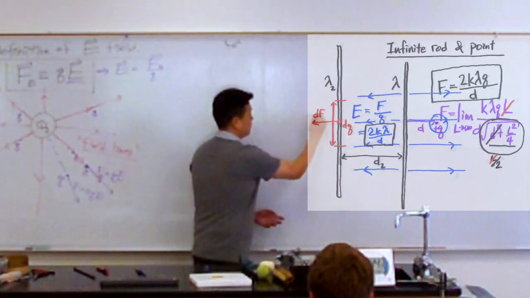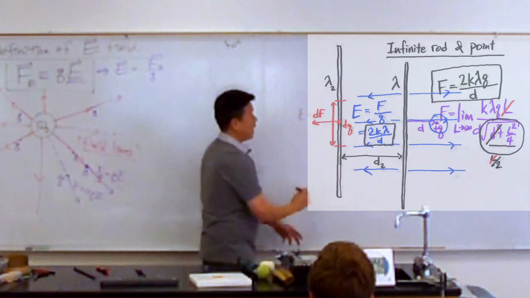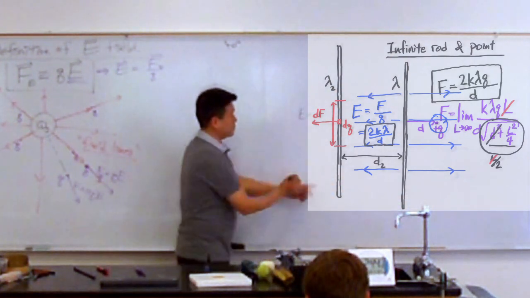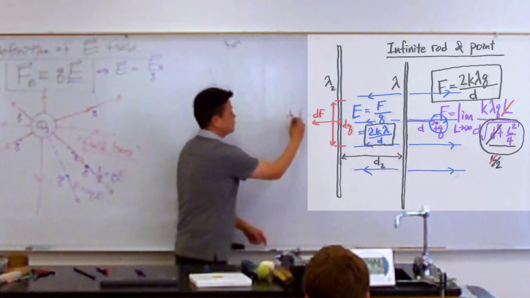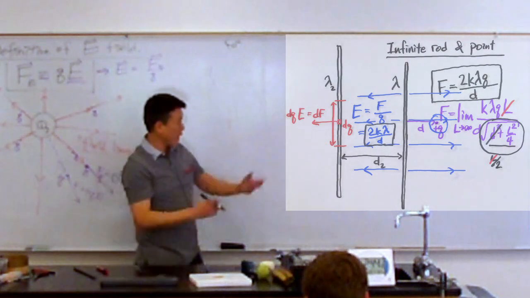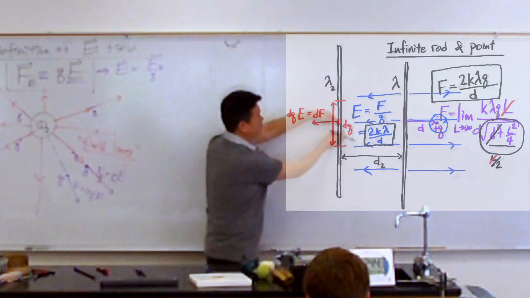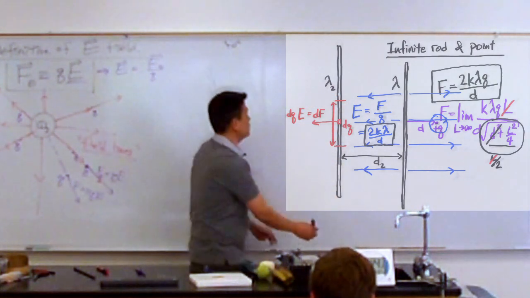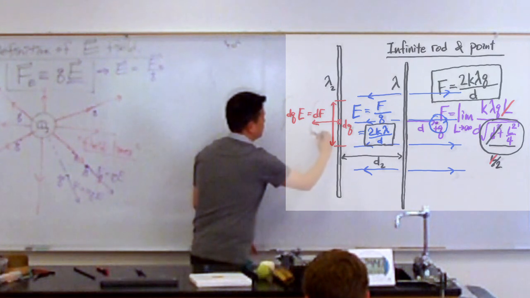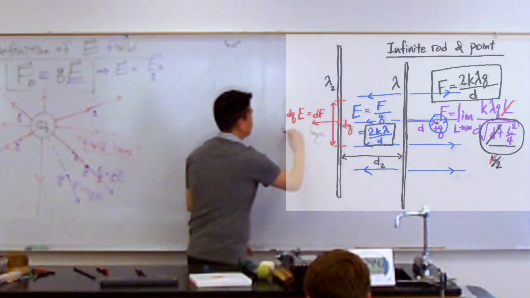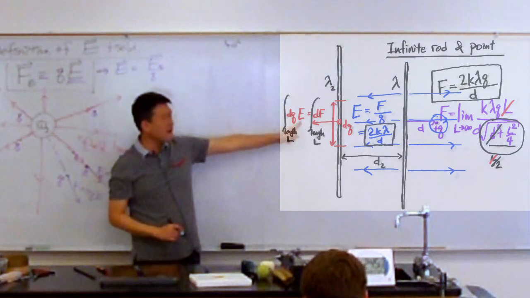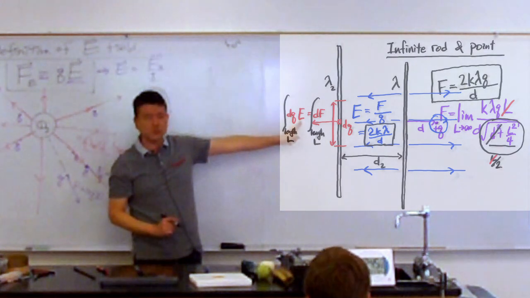So this will be the amount of electric field as produced by this line of rod times the small amount of charge, dq. Yeah? To find the entire force, I really need to integrate over the whole thing. So let's say you're integrating this over the length L. Is E, the magnitude of E, constant as you integrate it?